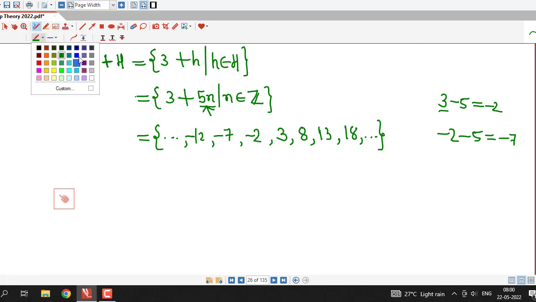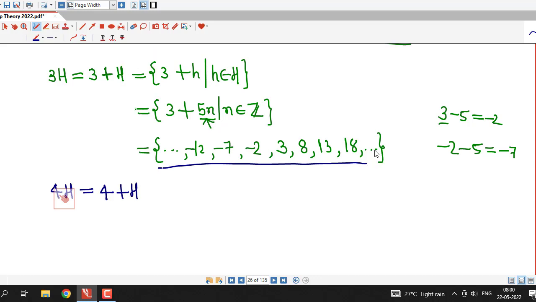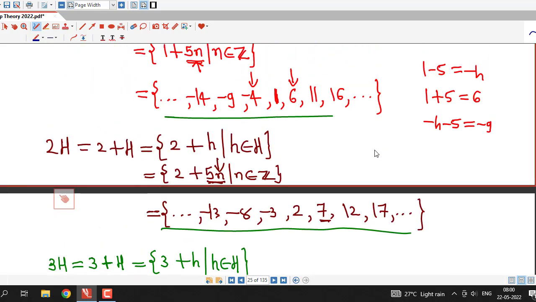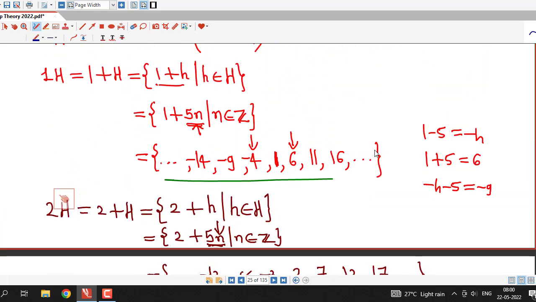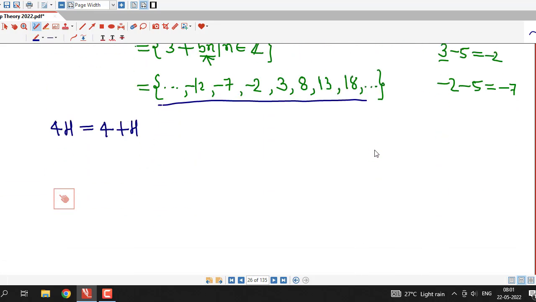Next we consider 4. So we write the left coset corresponding to 4, that is 4 plus H, and we can check whether 4 is present in any of the cosets which we have obtained, and 4 is not present in any of these cosets. So we write this also by definition.